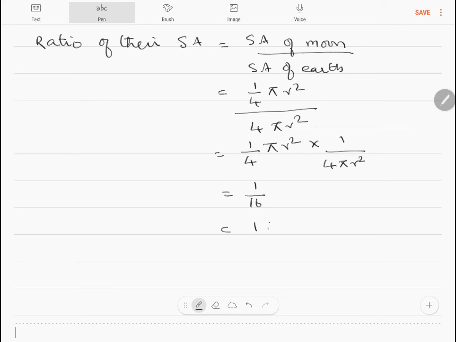Now we can write it as 1:16. So the ratio will be equal to 1:16.